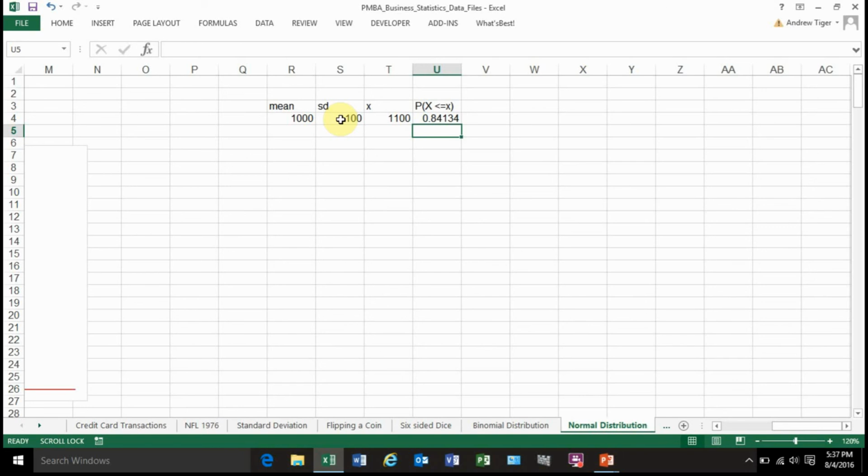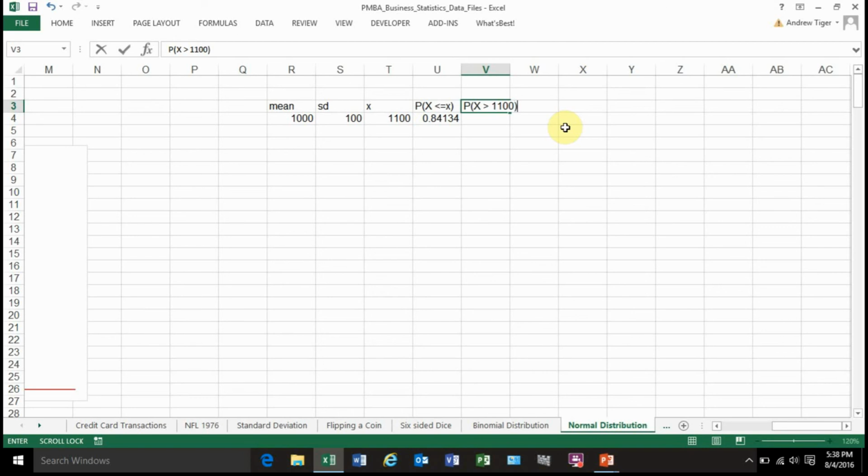But that's not what the question is asking for. The question is asking, what are the chances that we'll have more than that? If I had a 1,100 gallon tank, what are the chances that if it was full at the beginning of the day, I run out before the end of the day? Well, that would be the probability that x is greater than 1,100.